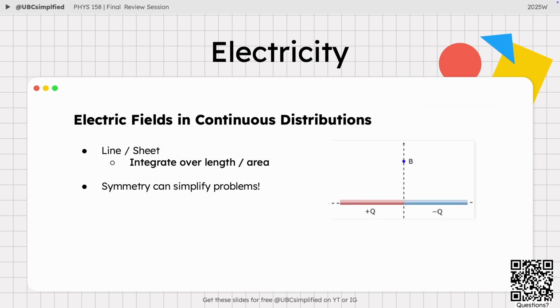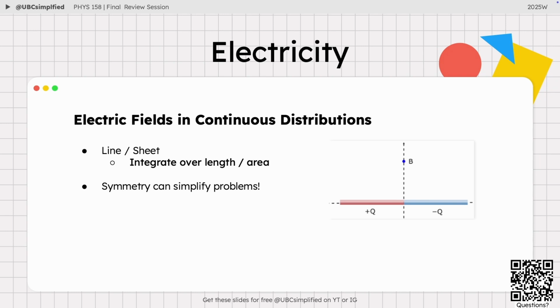Okay, now we'll talk a little bit about how we can calculate electric fields for continuous distributions. This would be like a uniformly charged rod or a uniformly charged sheet. The way you do this is you split up your rod into infinitesimally small pieces and treat them all like individual charges, applying one field at point B, for example, and you integrate over the length of the rod.